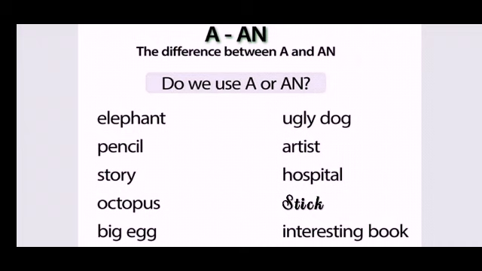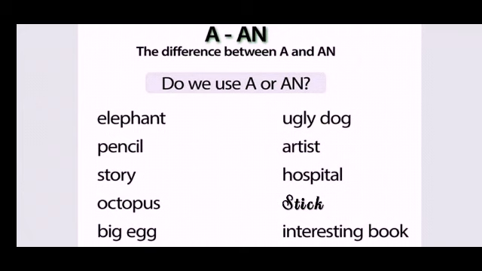We have to check these examples for vowel sound or consonant sound. See the first example, elephant. What's the sound we have at the start of the word? Yes, vowel sound. Elephant started with E. Next, pencil, consonant sound. Story, consonant sound. Octopus, vowel sound.